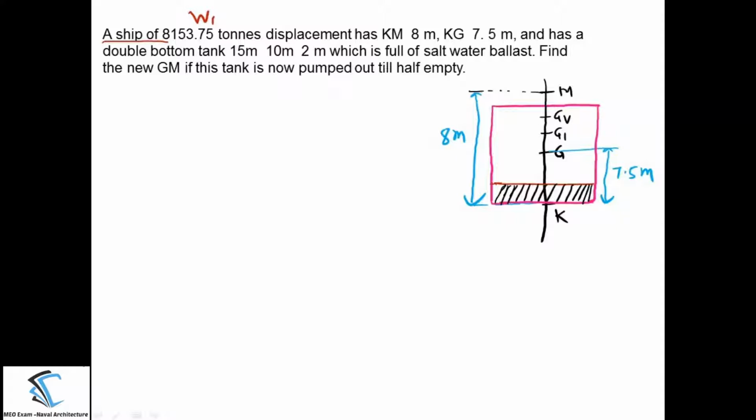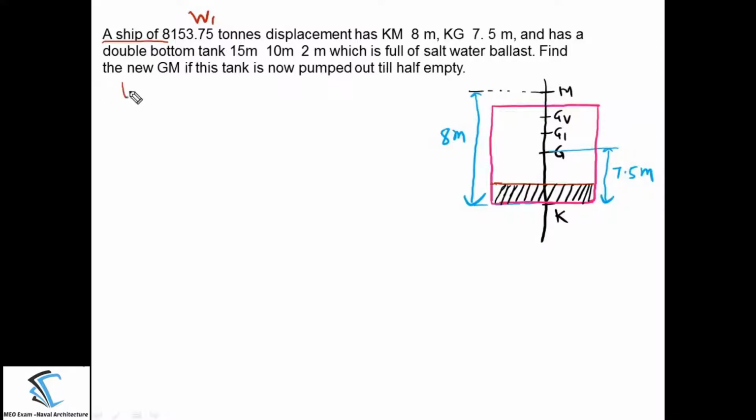So how to proceed for this numerical? First thing you have to understand here, there are two things happening. Initially the double bottom is completely filled with ballast water, and including the weight of the ballast water as well as the light weight of the ship, the total weight of the ship is 8153.75 tons.